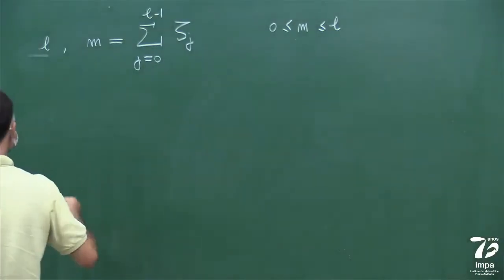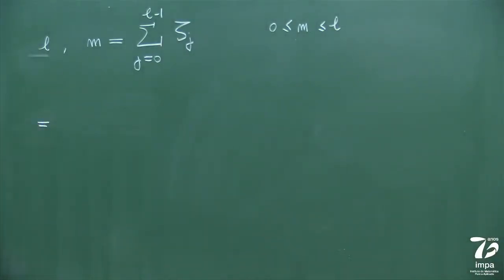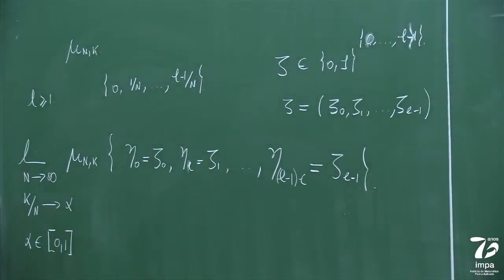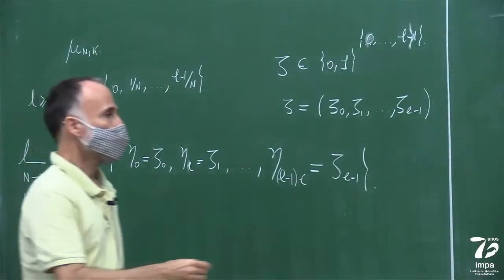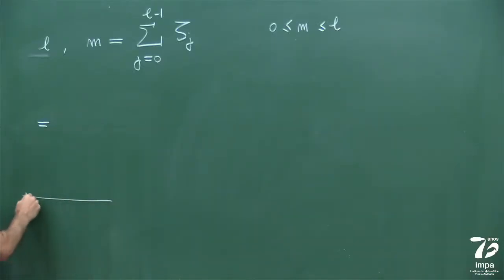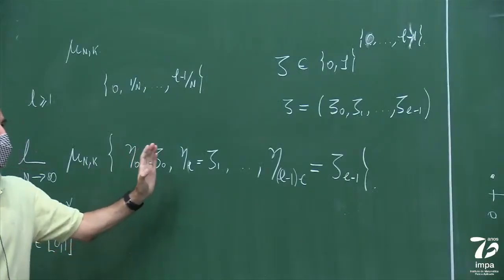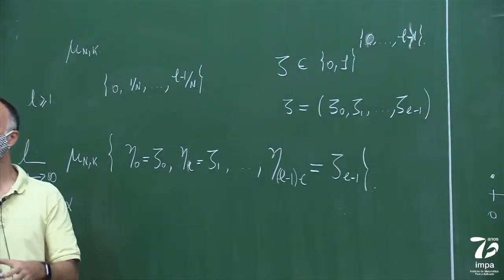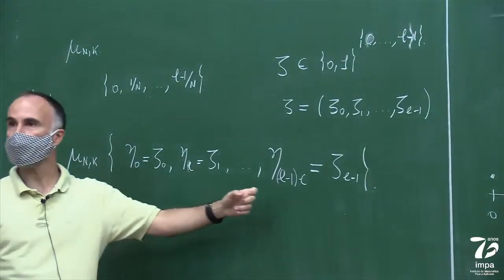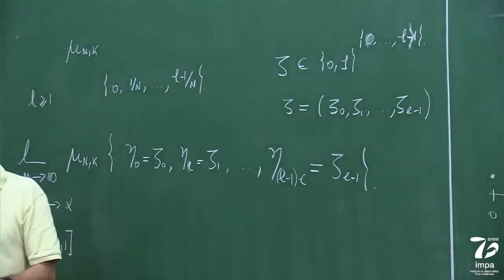Okay. So if you want to compute this probability, well, you look at the first L sites. So you fix the configuration in these L sites. Since mu is the uniform measure, the probability of this event is the number of configurations which satisfy these conditions over the total number of configurations.